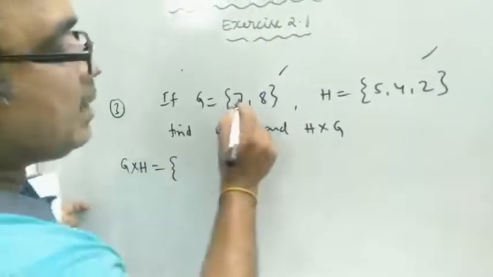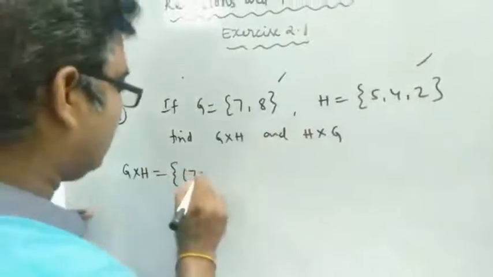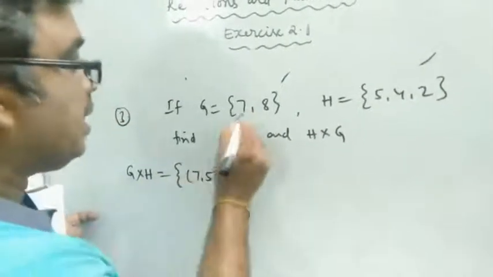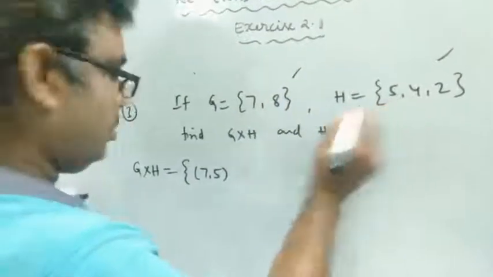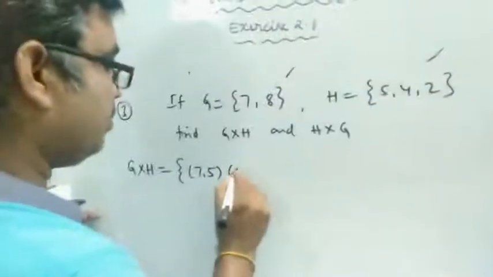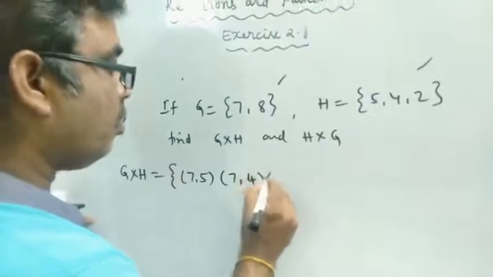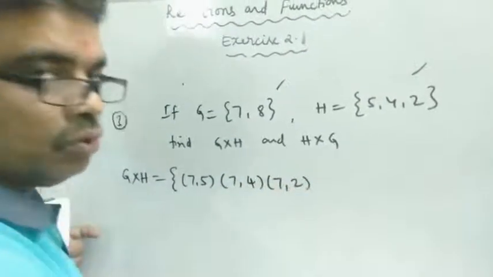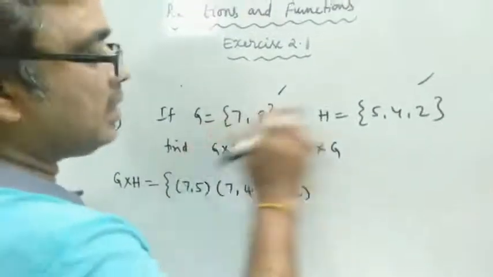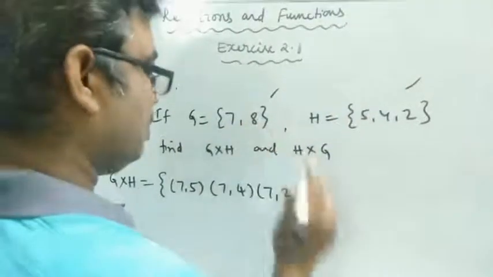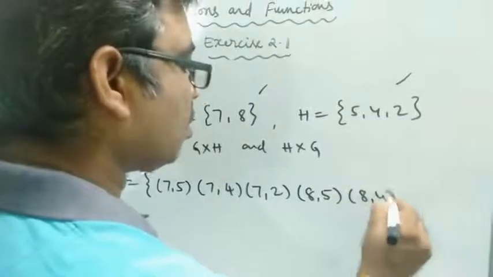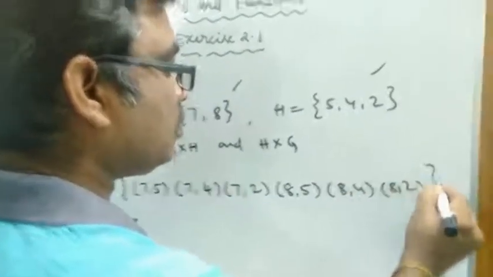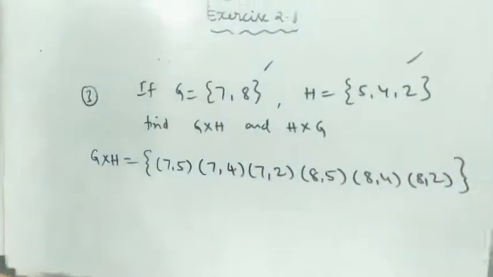First element should be from G and second element from H. Starting with 7, we have (7, 5), (7, 4), (7, 2). Similarly, (8, 5), (8, 4), (8, 2). These are the elements in G cross H.